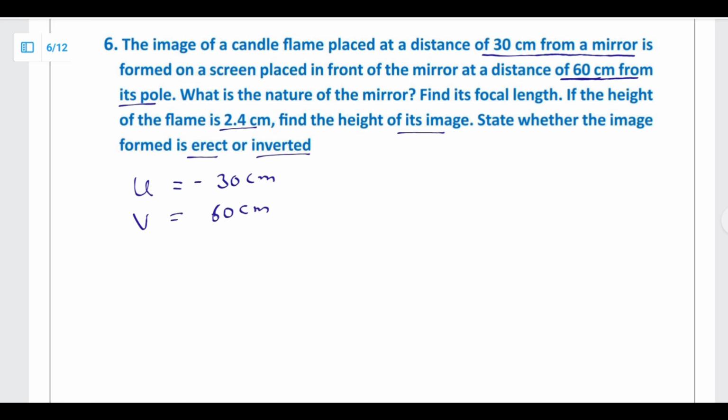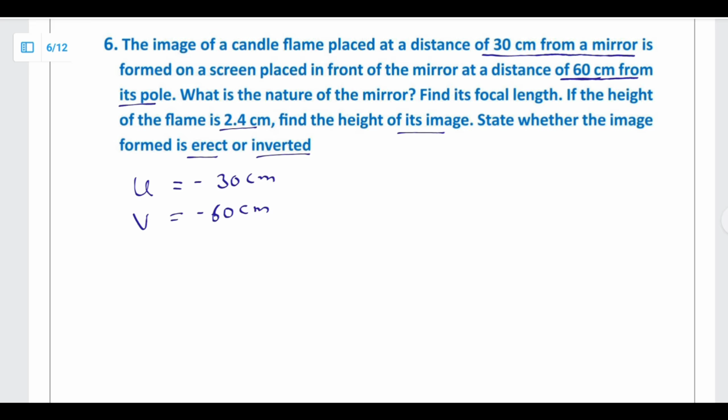The distance in front of the mirror is always taken minus, so it is minus 60 centimeter, and this image is a real image, because the image is obtained on the screen.